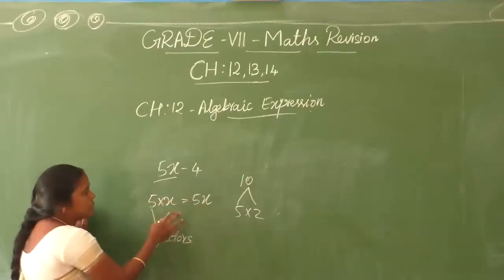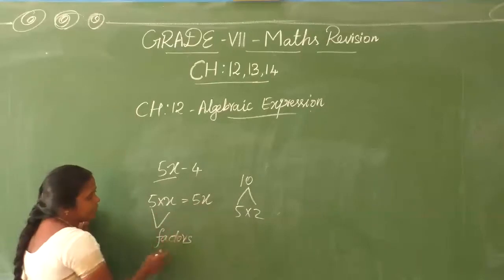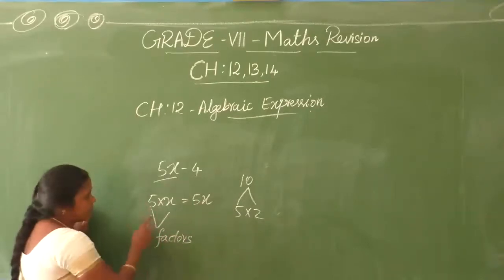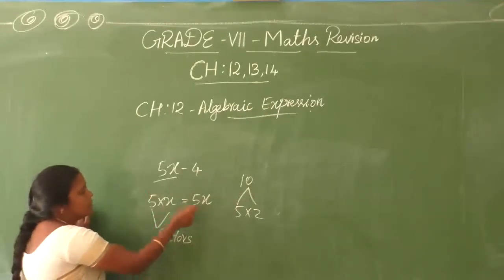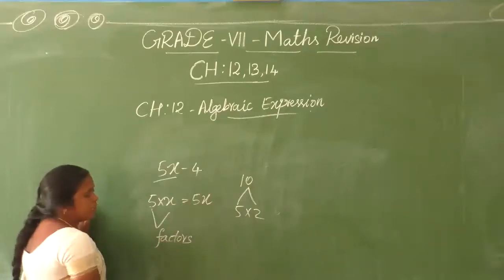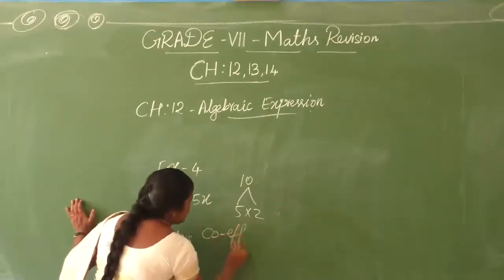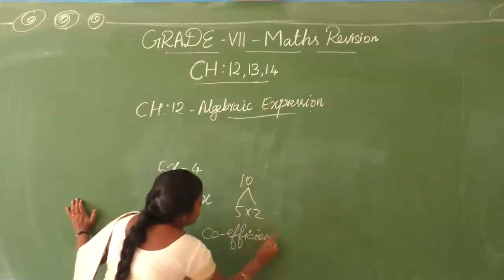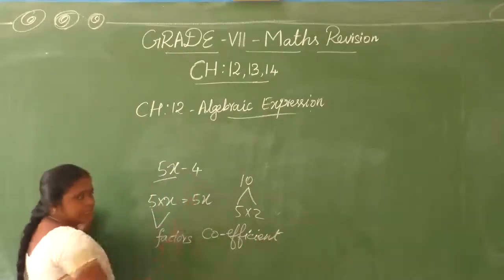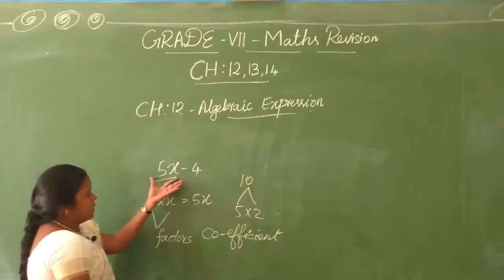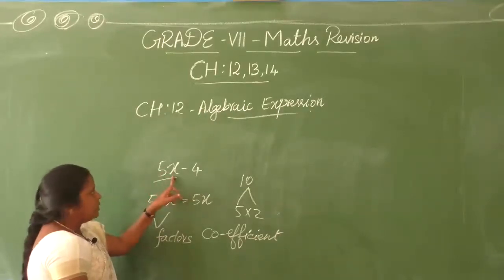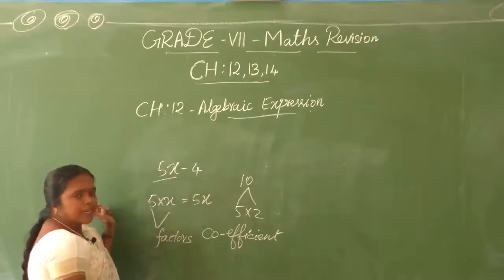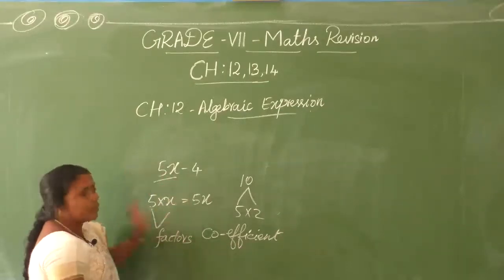Here we can split 5 and x in multiplication notation, 5 into x. 5 and x are called factors. That 5 is called the coefficient of the variable x here. Understood? So 5x is the variable term. 5 and x are connected with multiplication. They are called factors of the term 5x. Here especially 5 is called the coefficient.